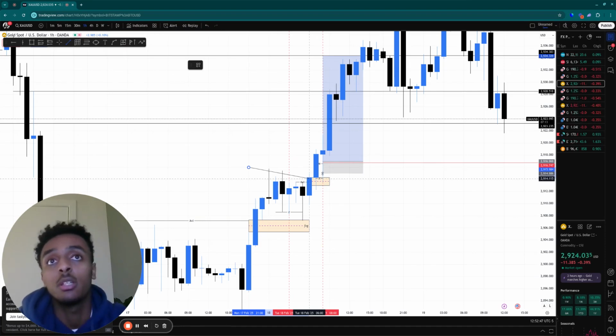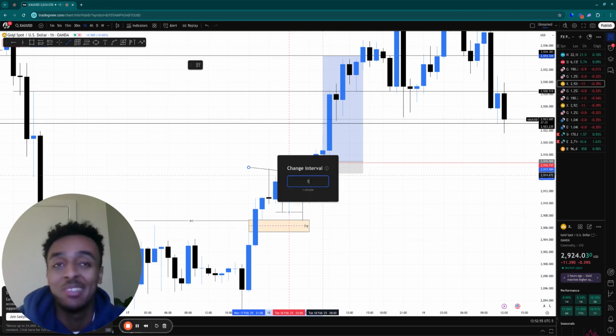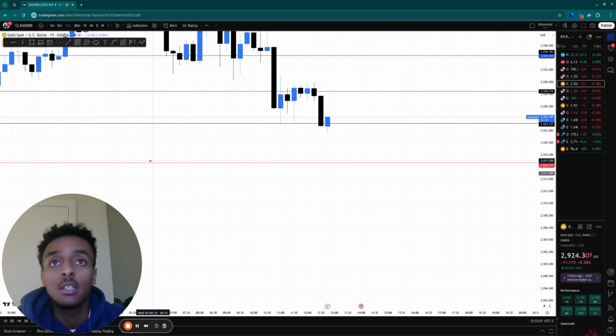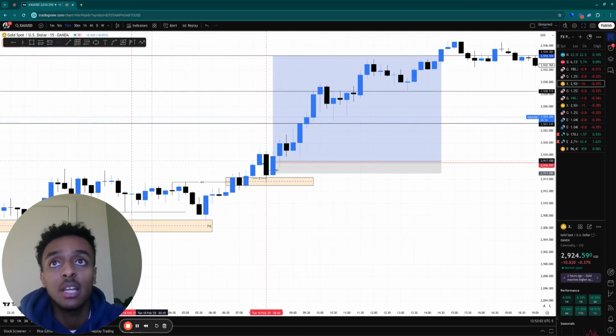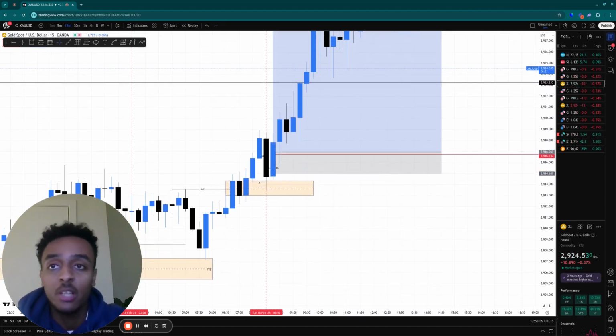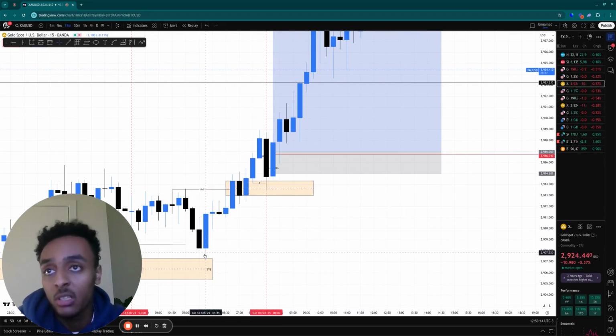Now, what else can we say? Hourly structure is bullish. 4 hour structure is bullish. Daily structure is bullish. Now what do we do? Scale down a little bit more. Because all we're looking for is what? The time frames to align. Because if you have time frame misalignment when you're gambling, in other words, trading, you'll notice that market may switch directions on you, because you don't want to get caught up in this 15-minute downtrend, right?